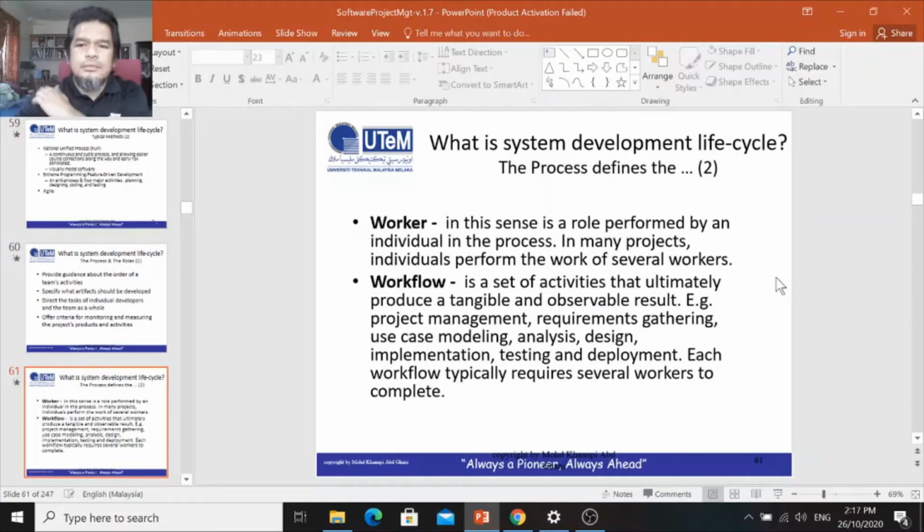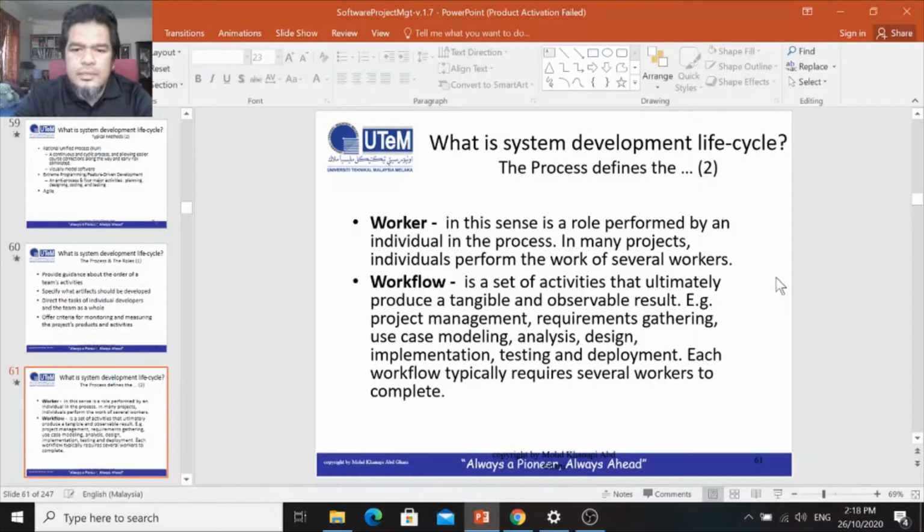So the system development life cycle methodology defines the workers, who are the persons involved in the project, and it defines the workflow. Workflow means the steps to achieve a certain deliverable. For example, in the analysis stage, what deliverables need to be produced?